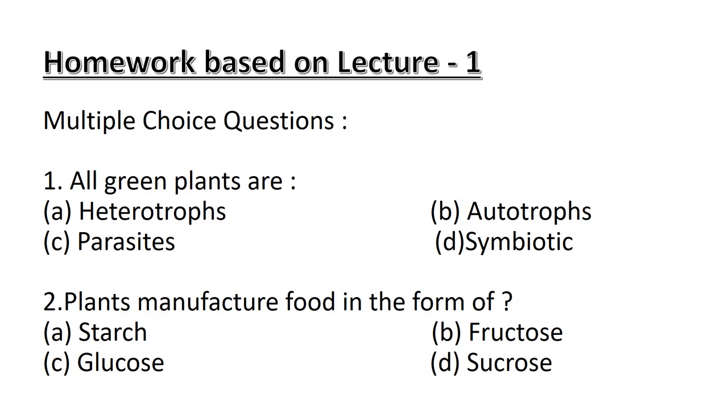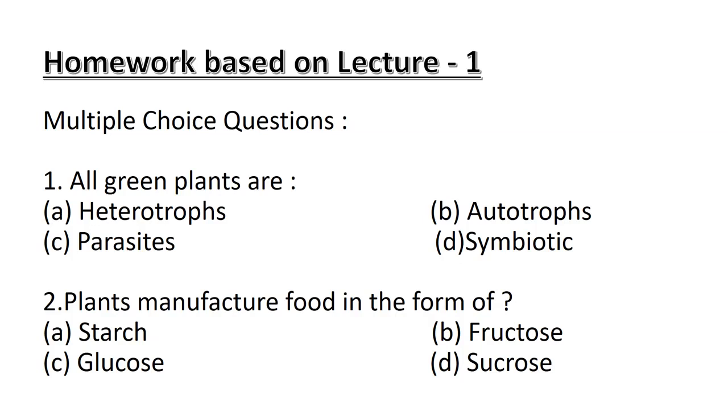Question number 1. All green plants are option A, heterotrophs, option B, autotrophs, option C, parasites, option D, symbiotic.